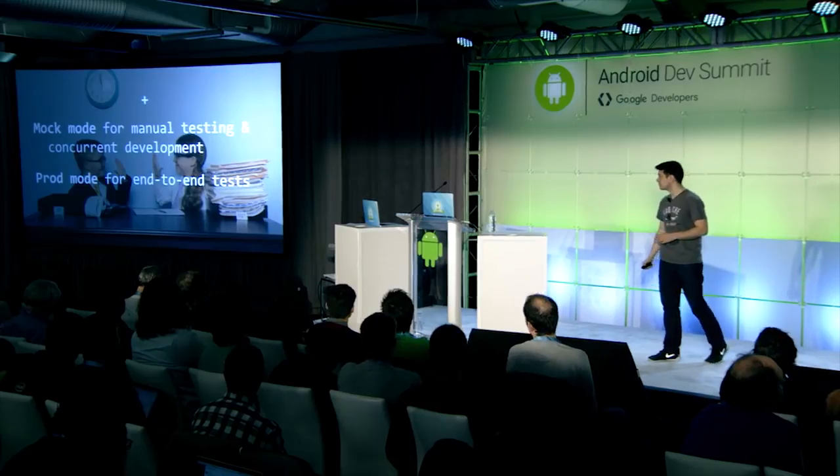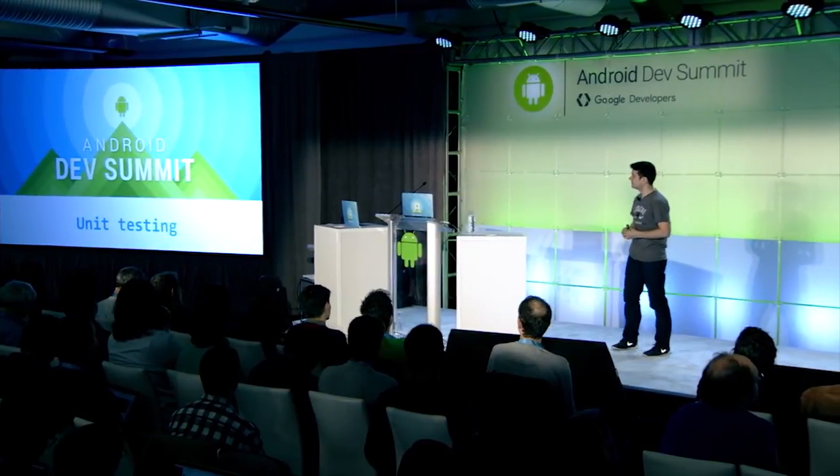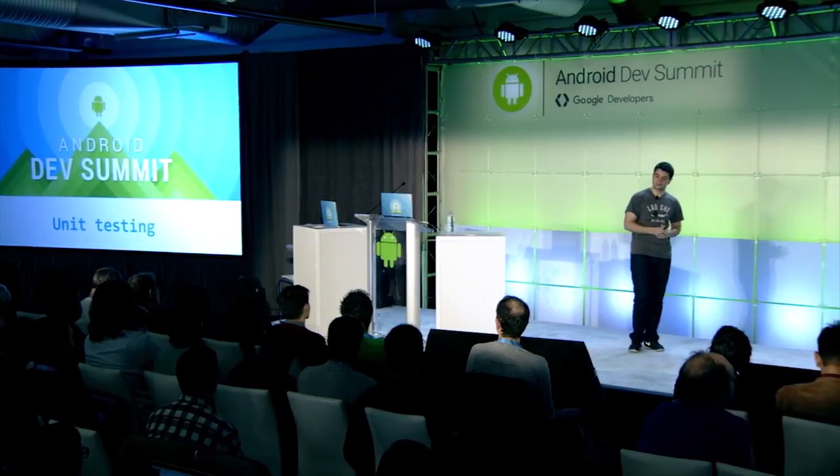You can run it every 24 hours, or it's actually a very nice pre-release check. So before uploading to Google Play or your distribution channel, you run this test against prod to make sure that everything works well. So now that we have a hermetic environment, we can start talking about tests.